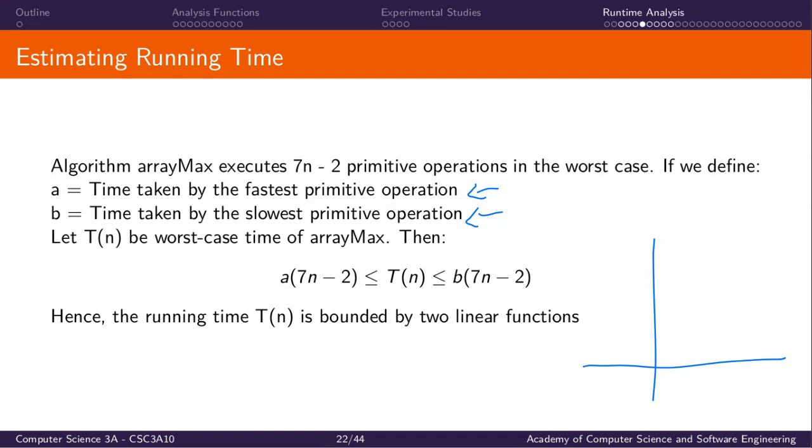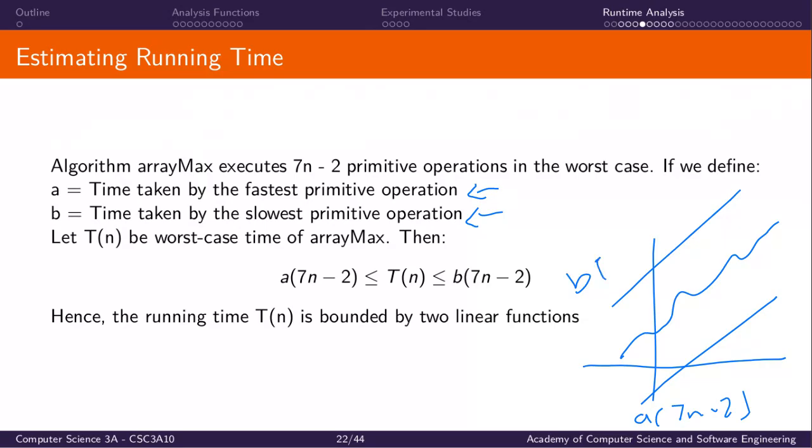And perhaps we find that it's two linear functions that look like this. We know that our execution time is somewhere between those, right? It lies somewhere between those two linear functions. It's bounded from below by this A7n minus 2 and bounded from above by B7n minus 2.